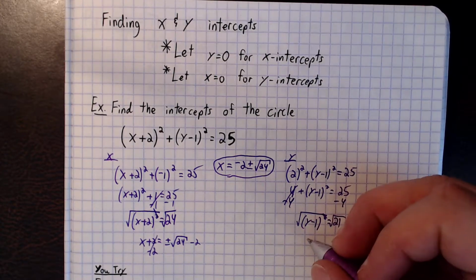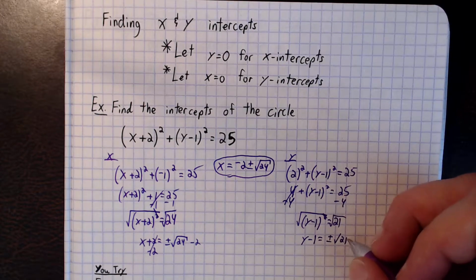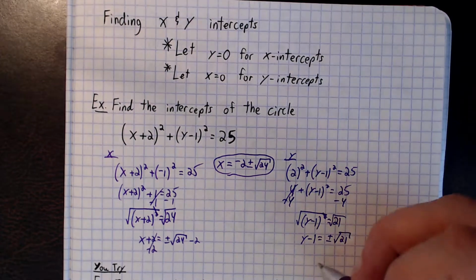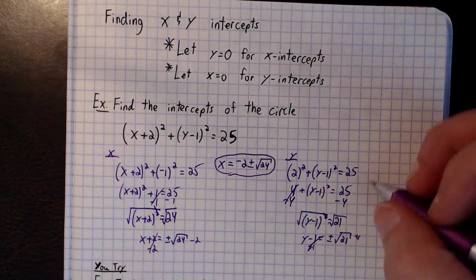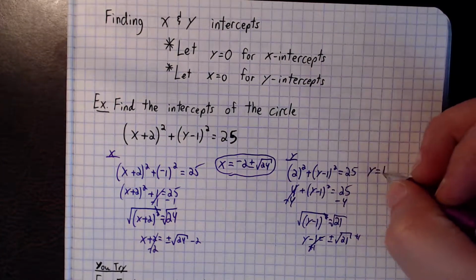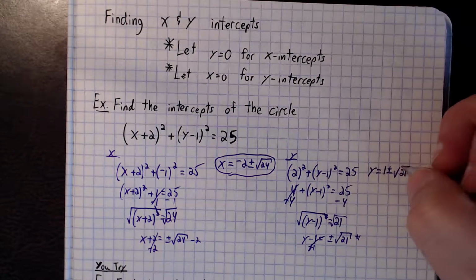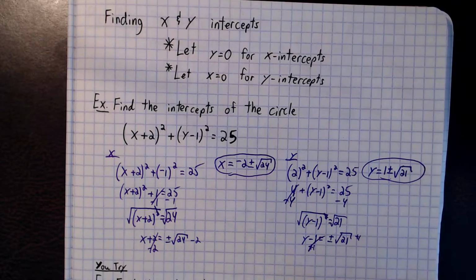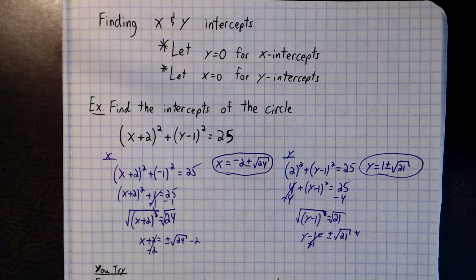That becomes a plus or minus. So y minus 1 equals plus or minus the square root of 21. And then we'll add 1 to both sides. And this is how we'll write it for y. 1 plus or minus the square root of 21. Those are our x and y intercepts. Really not that bad, right? Just plug in 0 for one, you get the other by solving.